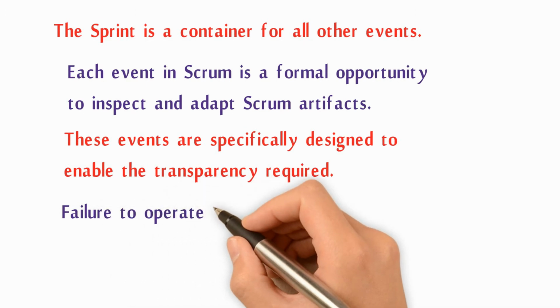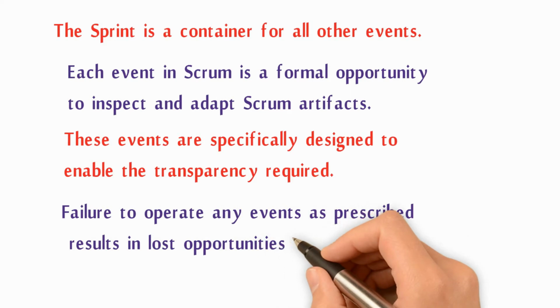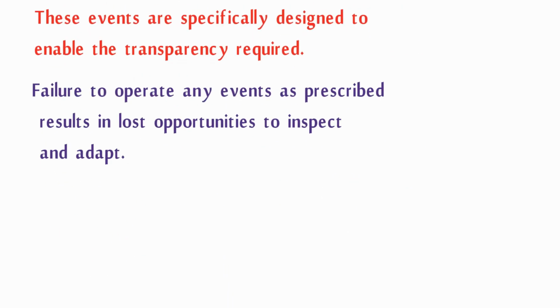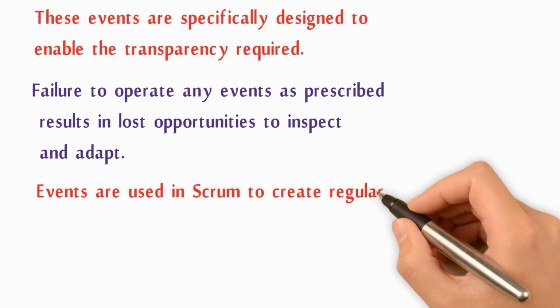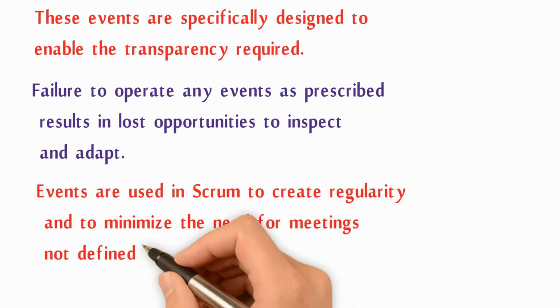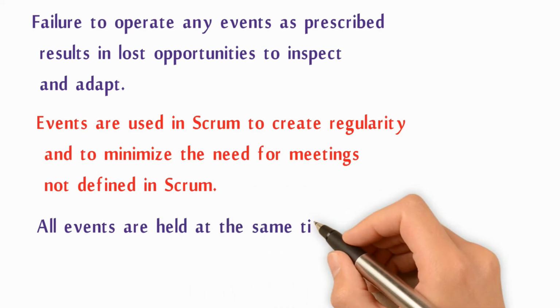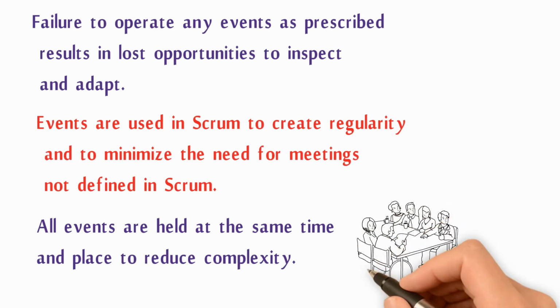Failure to operate any events as prescribed results in lost opportunities to inspect and adapt. Events are used in Scrum to create regularity and to minimize the need for meetings not defined in Scrum. All events are held at the same time and place to reduce complexity.